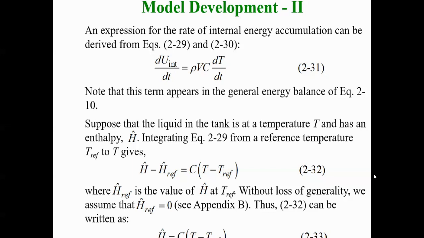Then integrating equation 2.29 from a reference temperature T ref to T will give you H caret minus H caret reference equals C times T minus T reference, where H caret reference is the value of H caret at T reference. Without loss of generality, we assume that H caret reference equals 0, and therefore equation 2.32 can be rewritten as H caret equals C times T minus T ref, so we get rid of the H caret reference.